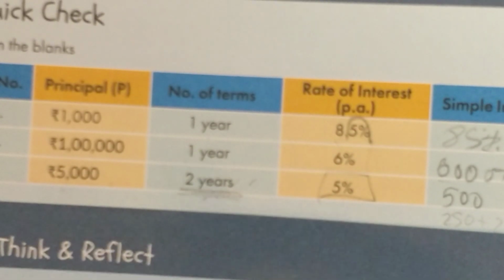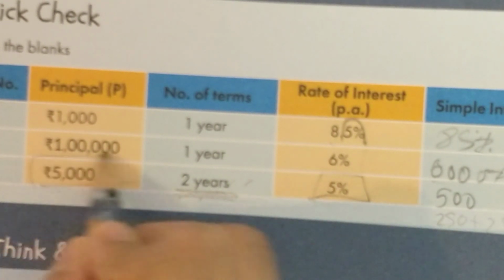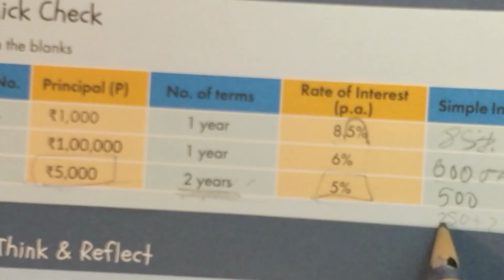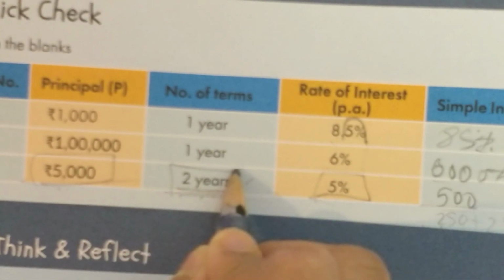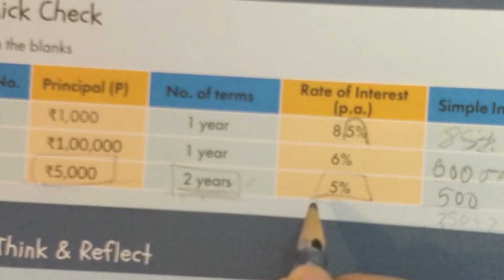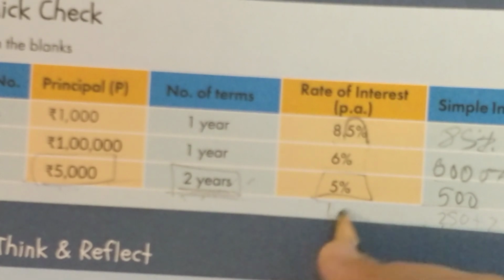So you'll have to multiply this and this. The answer for this actually came to 500, as you have to multiply 2. It's like 5000 into 2 into 5, divided by 100. You got what I'm saying?